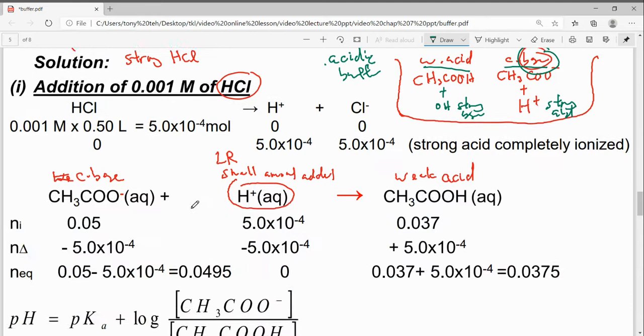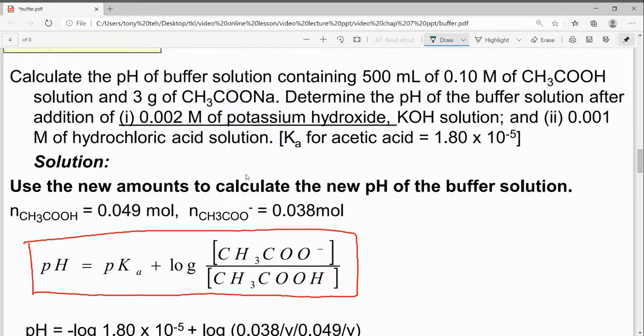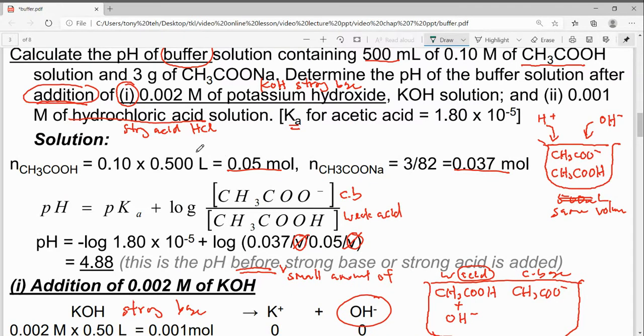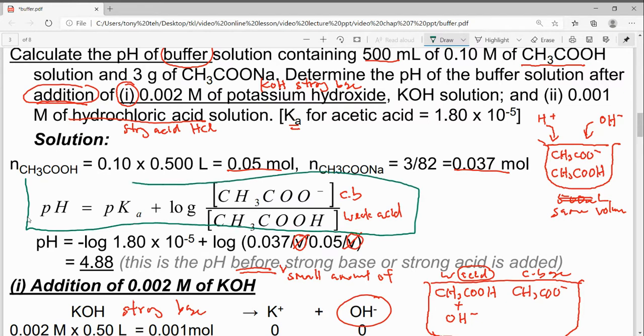And remember the ice table. The amount of strong acid or strong base added will be the limiting reactant. It will be completely consumed. So remember, just easy. If it's just a buffer solution without addition of strong acid or strong base, just use the Henderson Hasselbalch equation.